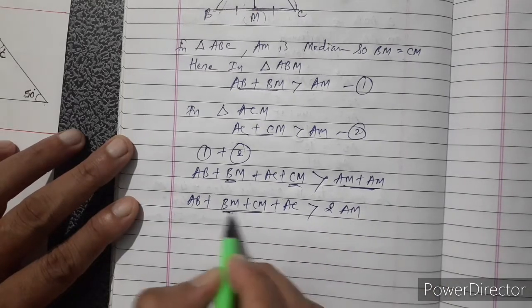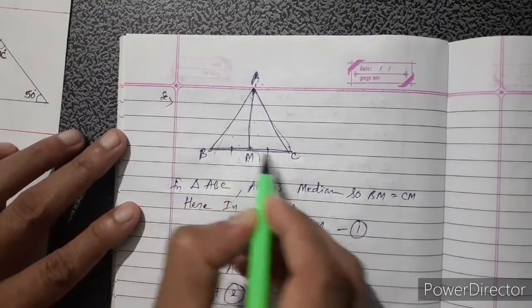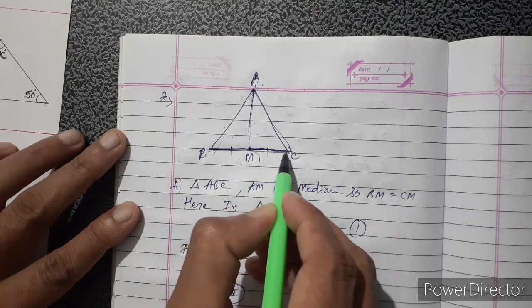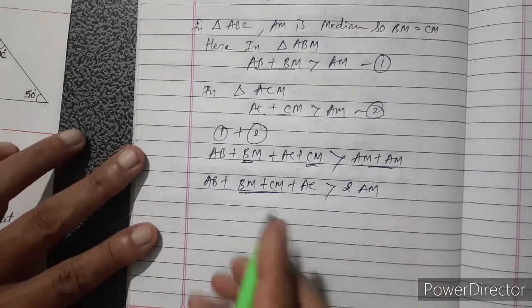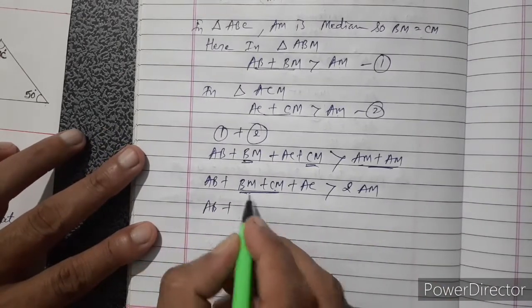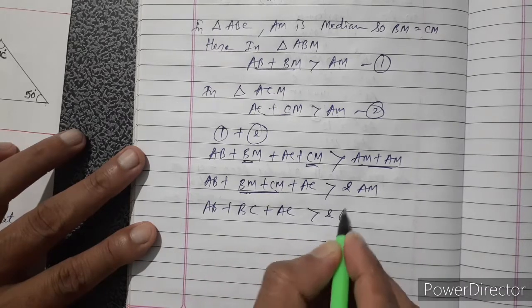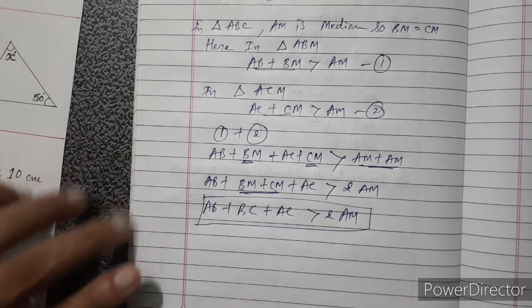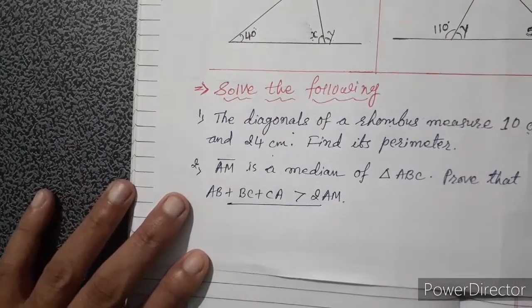Now check this one, BM plus CM. Here this one is BM and this one is CM. So adding BM and CM, that is equal to BC. So AB plus BC plus AC is greater than 2 AM. That is the statement you wanted to prove.